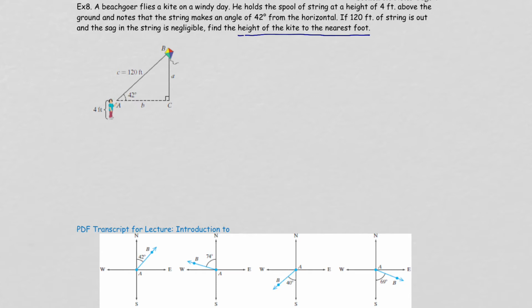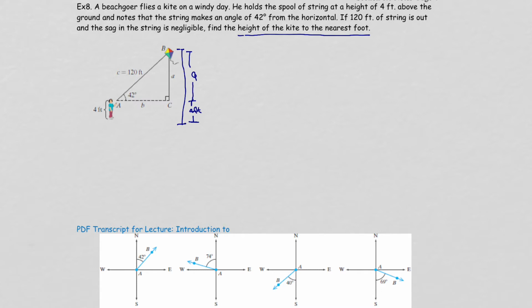So how do we find the height? Well, the height from the ground should be A plus 4 feet, where this is A. And we need to find A first.